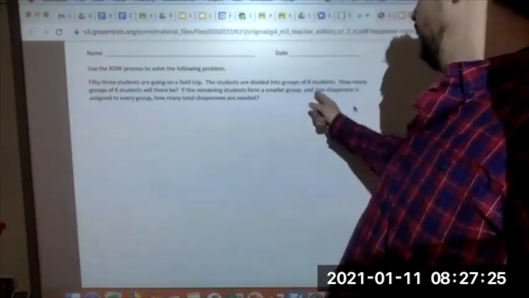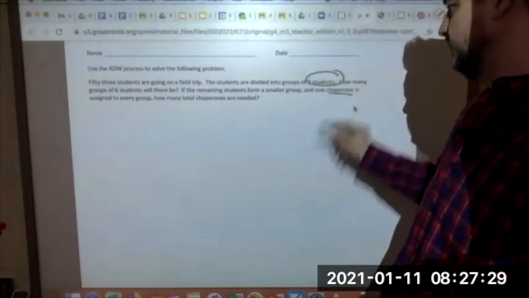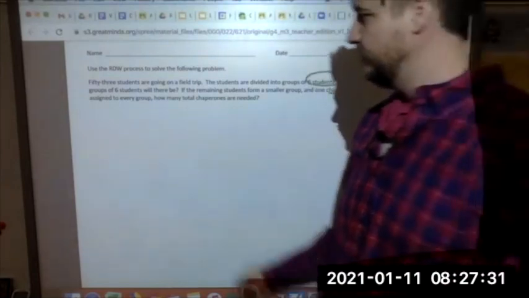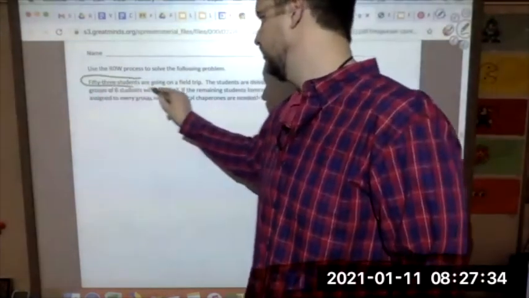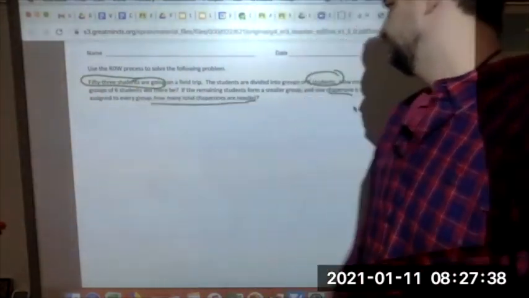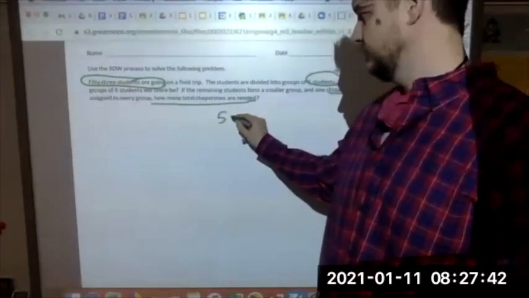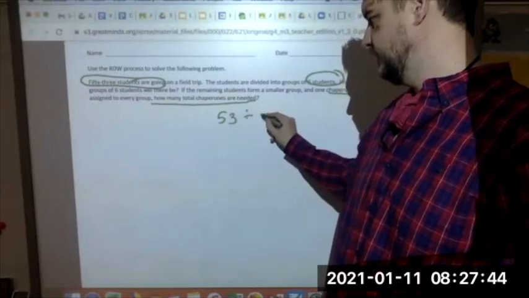So we've got 6 per group for one chaperone, and we have 53 students going all together. How many chaperones are needed? So this is 53 divided by 6.